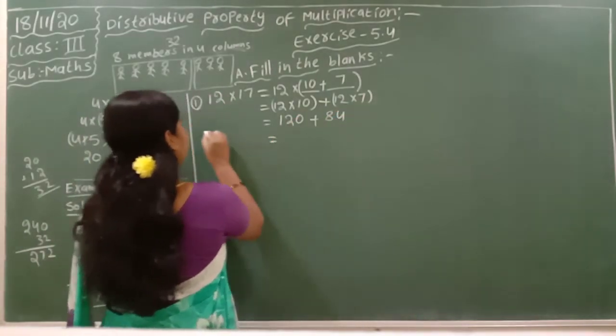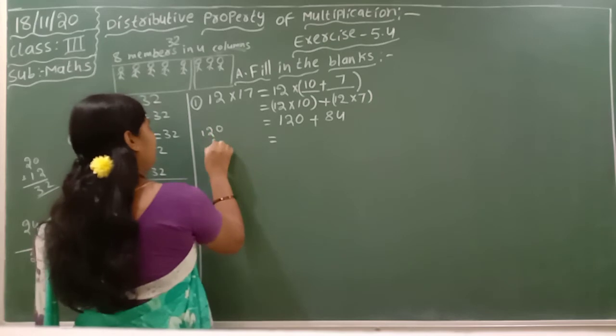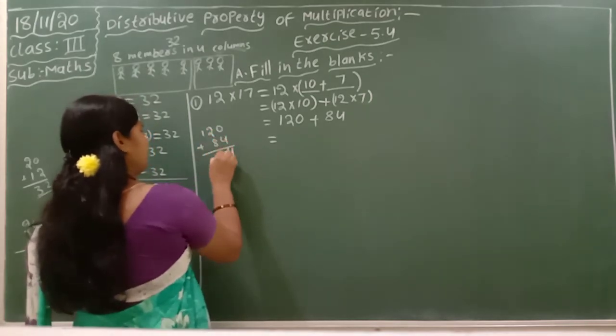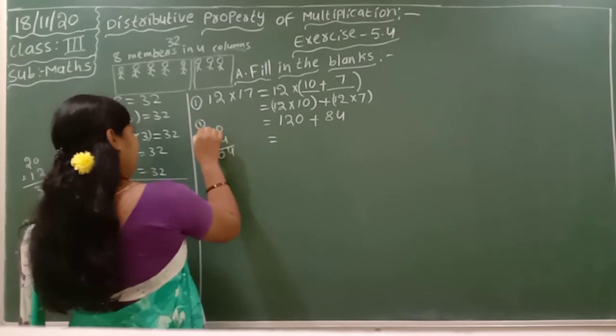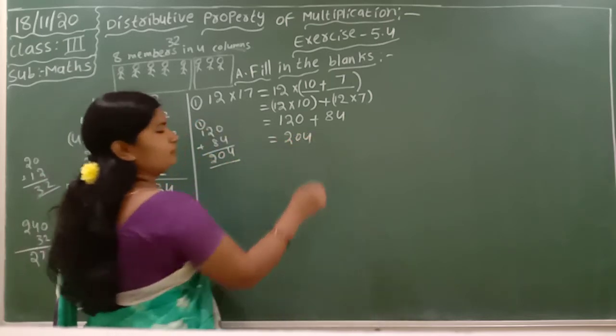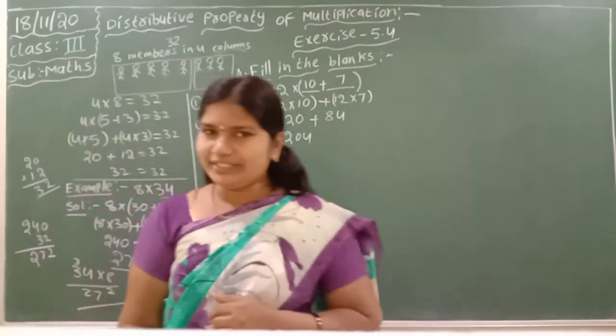Now you can add these two numbers, 120 plus 84. 0 plus 4, 4. 2 plus 8, 10. 1 plus 1, 2. The answer is 204. What is the answer, children, here?